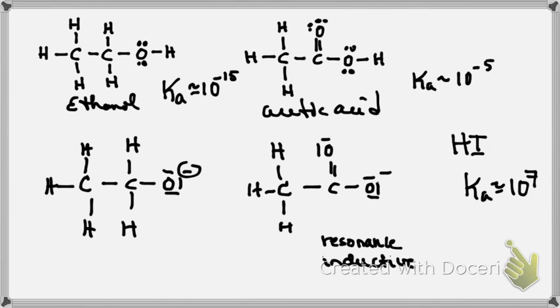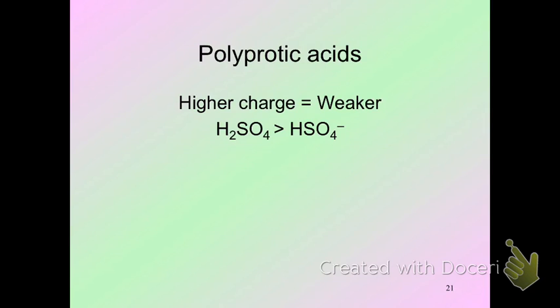Okay, one more thing I want to talk about, and I'm done. Actually, two more things. Here's the other real simple thing to remember: if it's got more negative charge on it, it's weaker.